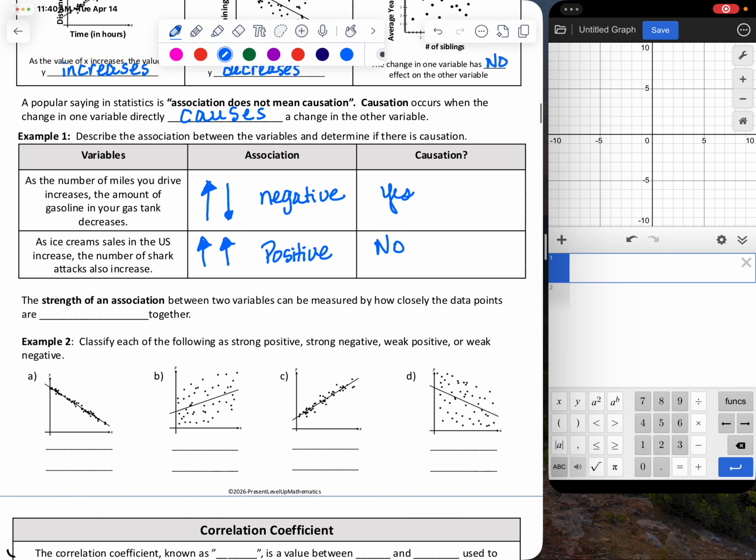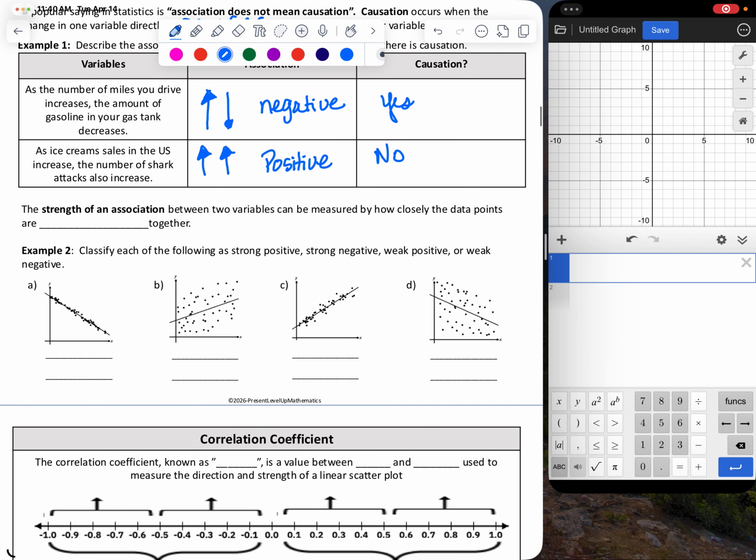Okay. The strength of an association between two variables can be measured by how closely the data points are clustered together. So in example 2, I've given you 4 different scatter plots, and we're going to look at the data points and see the closer they are clustered towards a single line, the stronger their association.